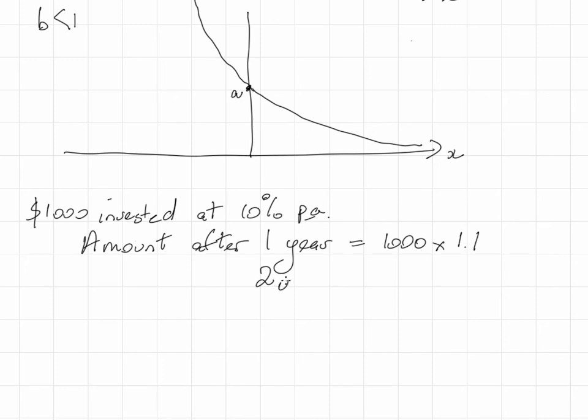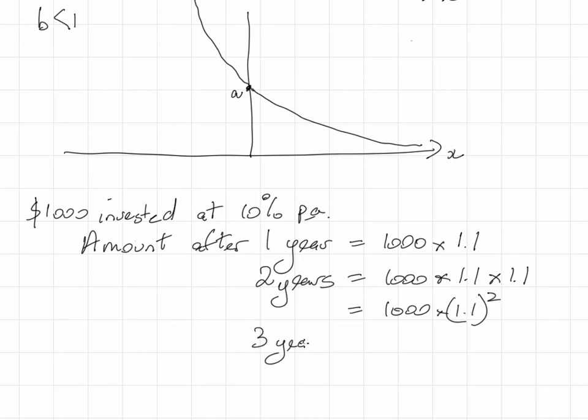After 2 years, you would have 1,000 times 1.1, that's how much you've got after 1 year. And then you would times another 1.1 because it's compounding, and that'd be after 2 years, which is equal to 1,000 times 1.1 squared. 3 years is equal to 1,000 times 1.1 to the power of 3.